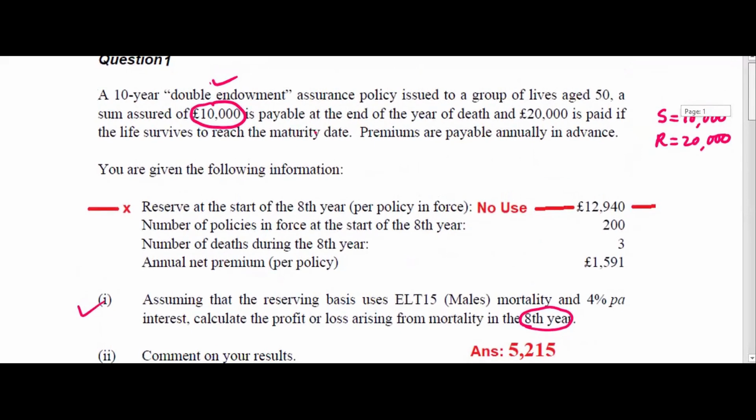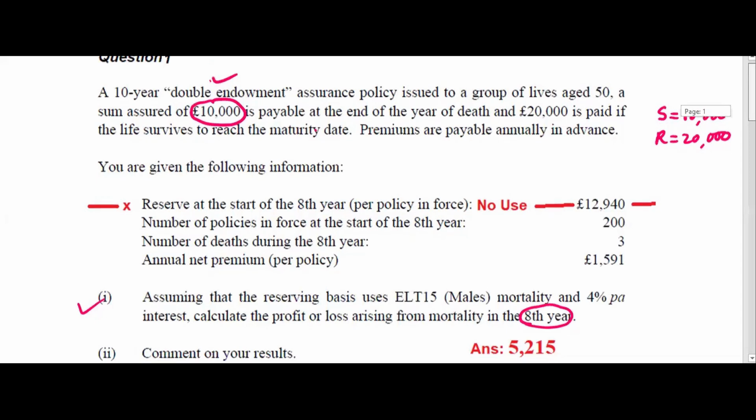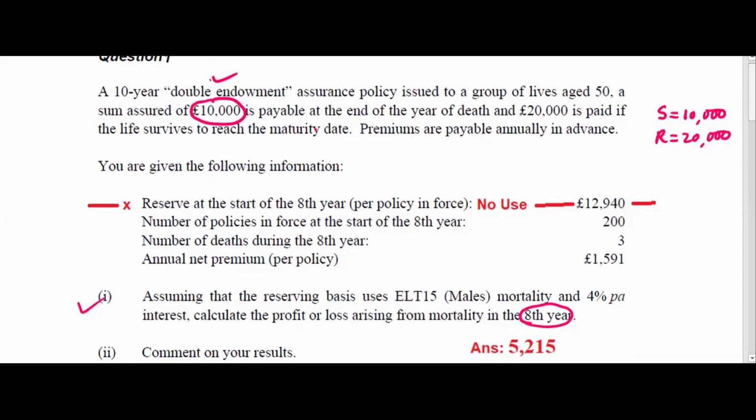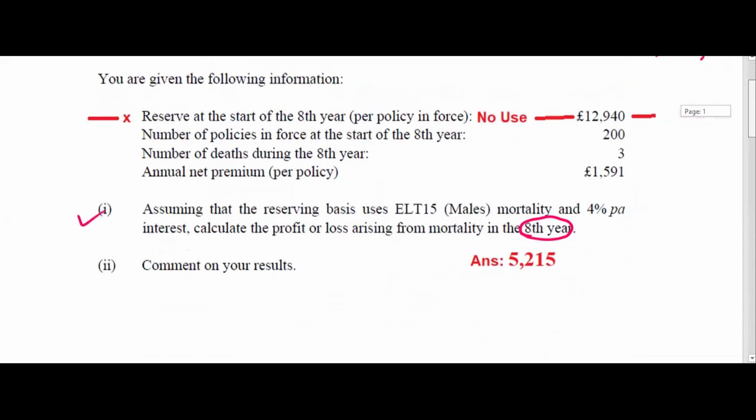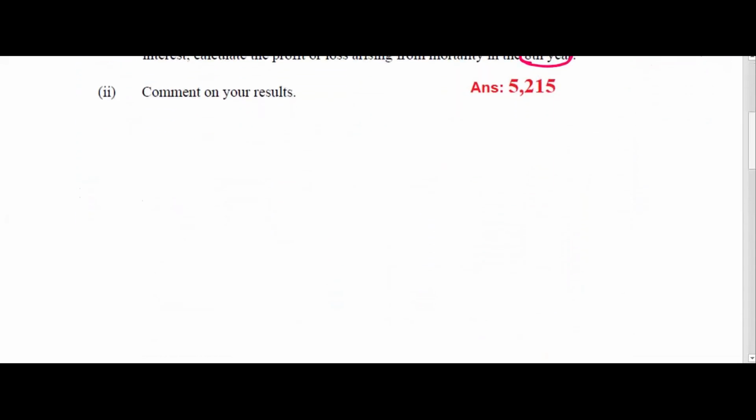Double endowment means you have both benefits. 20,000 is paid if the life survives to reach the maturity. Premiums are payable annually in advance. So everything is given, 50 to 60, that's all.